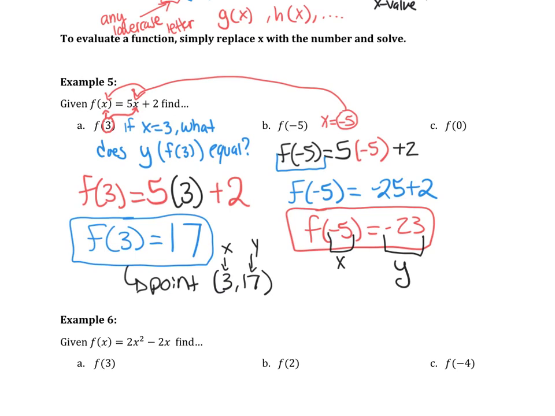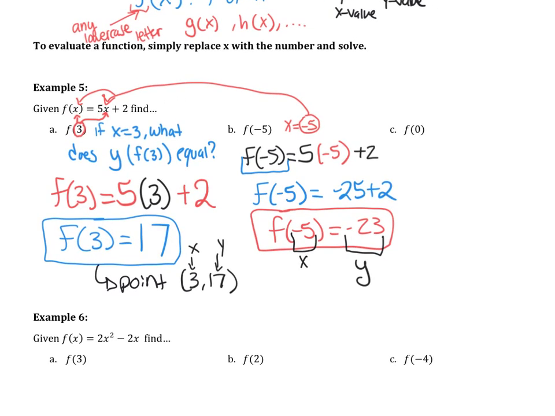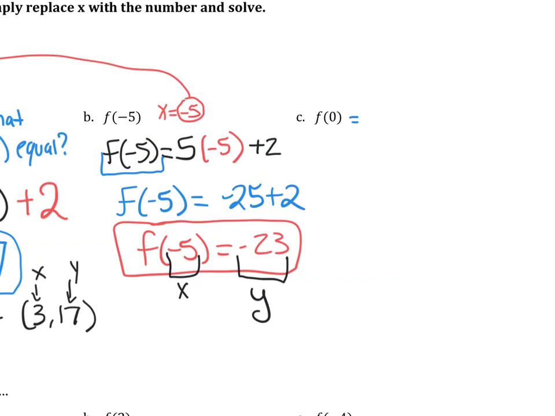Okay. And can you guys try letter C real quick? So f of 0. And what does f of 0 equal? 2. Yeah, if you plug it in, you'll have equals 5 times 0 plus 2, and 5 times 0 is 0. So f of 0 equals 2.